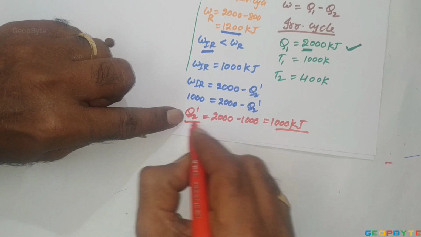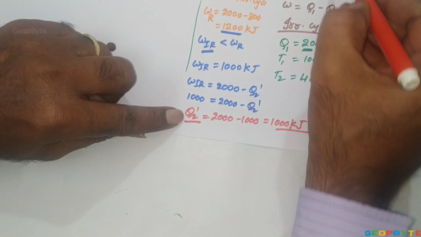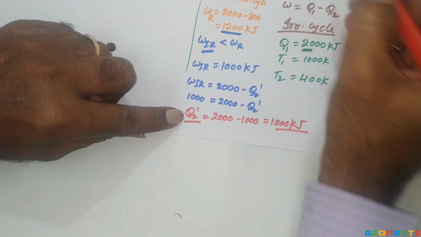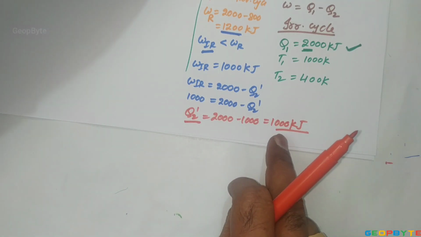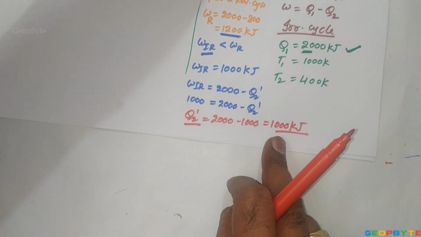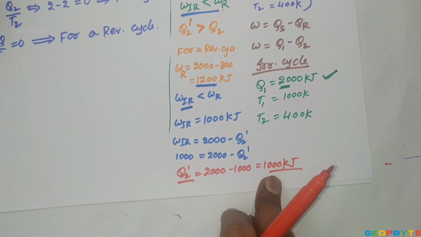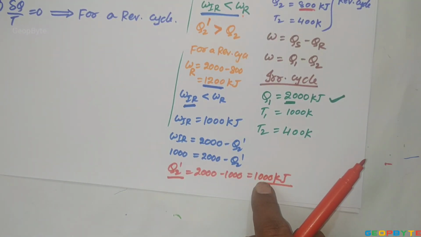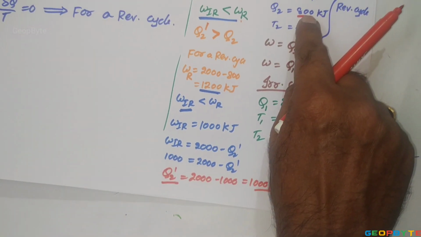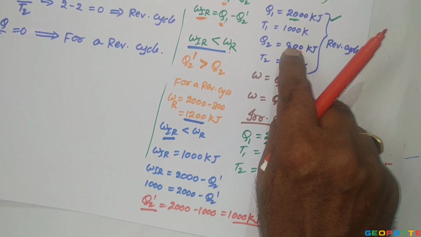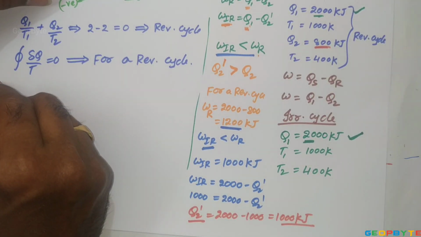Heat rejected by the reversible cycle is 800 kilojoules, whereas heat rejected by the irreversible cycle is 1000 kilojoules. That means the heat rejected by the irreversible cycle is always more than the heat rejected by the reversible cycle.